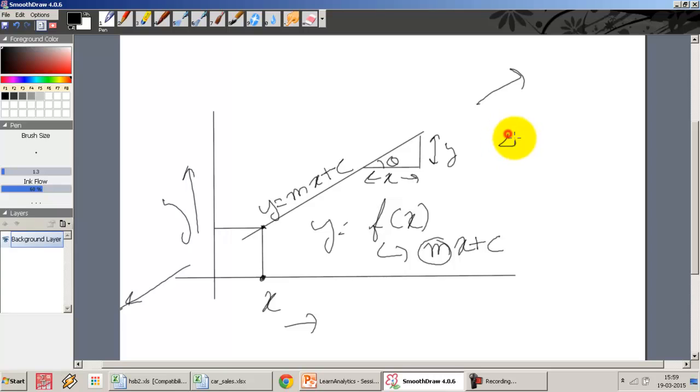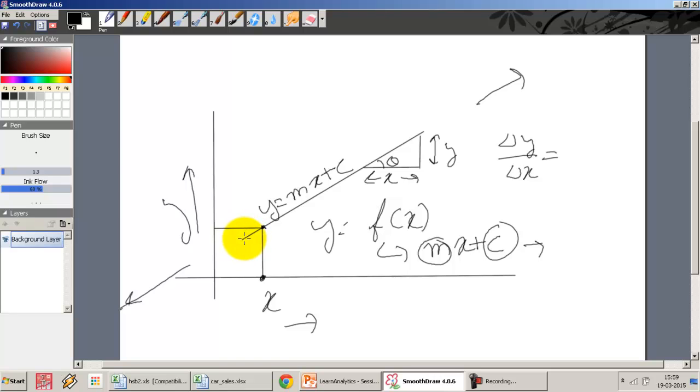So delta of y divided by delta of x is known as the slope of the line: a unit change in x gives us how many unit changes in y. So that's the slope of the line. And c, which is known as the constant, is simply the point at which this line intercepts the y-axis.